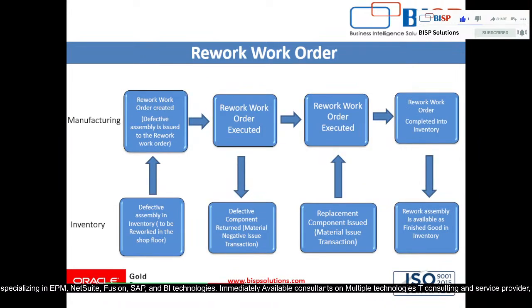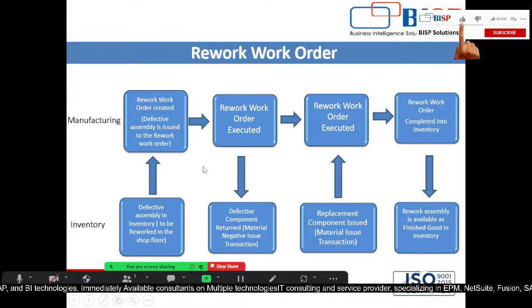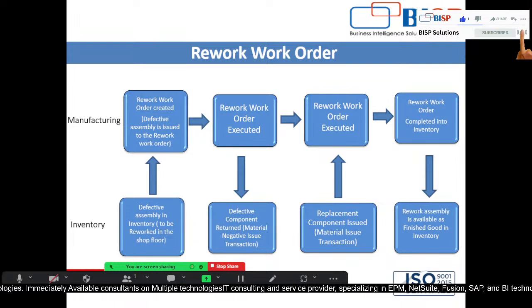So we have the process flow of the rework order. You can see it on the screen, right? We have the defective assembly in our inventory, to be reworked on the shop floor. So we issue this inventory to the rework work order.